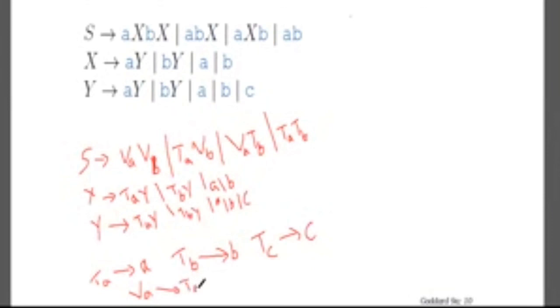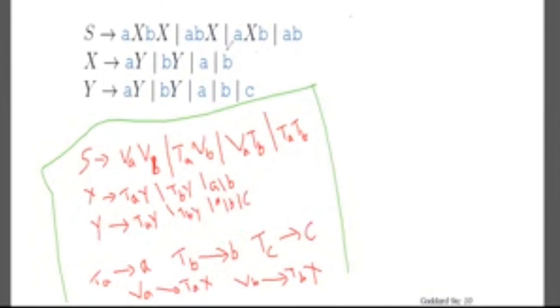TAX. And what is VB? TBX. So this is the grammar that you get. This is the grammar that is CNF equivalent of the given grammar.